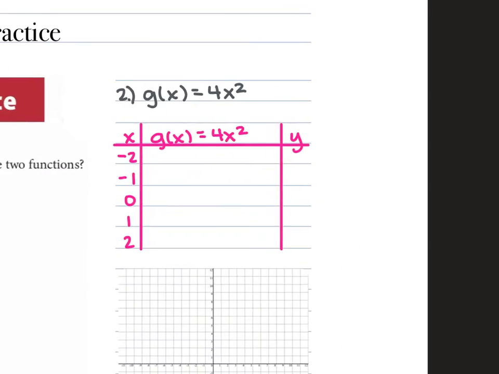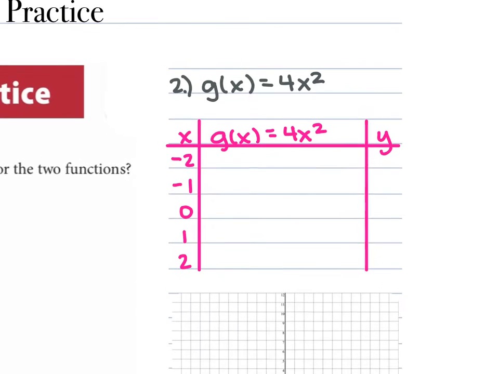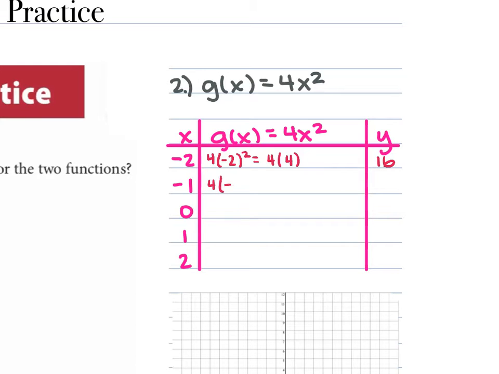So for 2, they give us g of x is equal to 4x squared. We're plugging in negative 2, negative 1, 0, 1, and 2. These are the best values to use, as well as ones that will give us terms that will fit on our coordinate plane. So we have 4 times negative 2 squared, which is 4 times 4, which is 16. 4 times negative 1 squared, which is 4 times 1, which is 4.